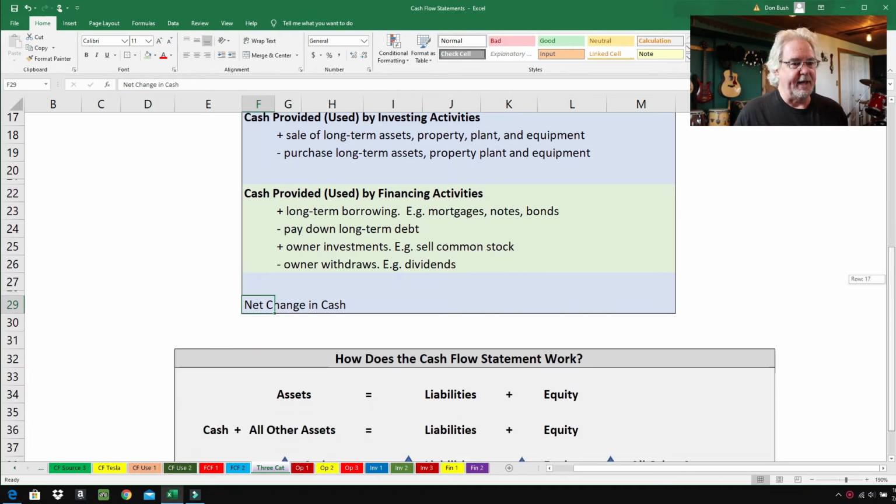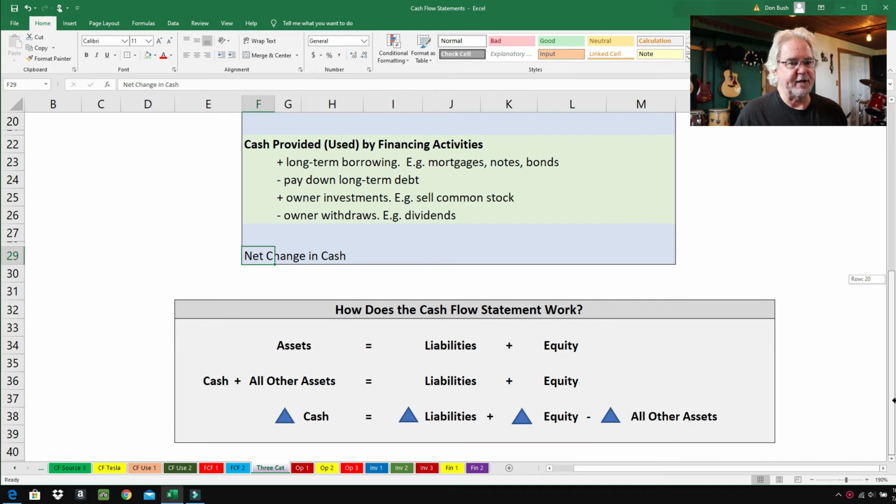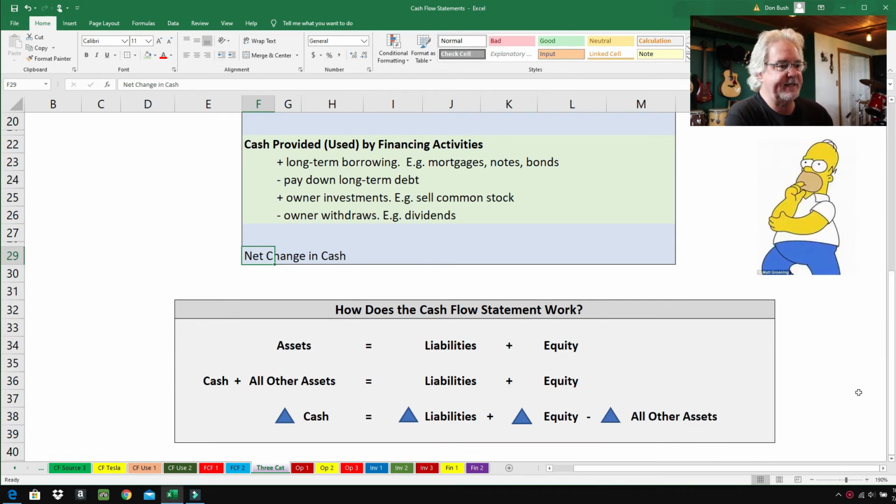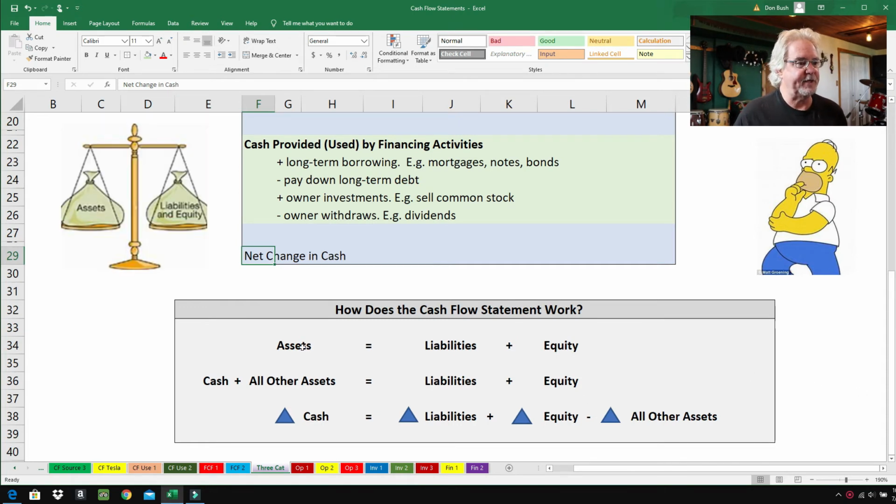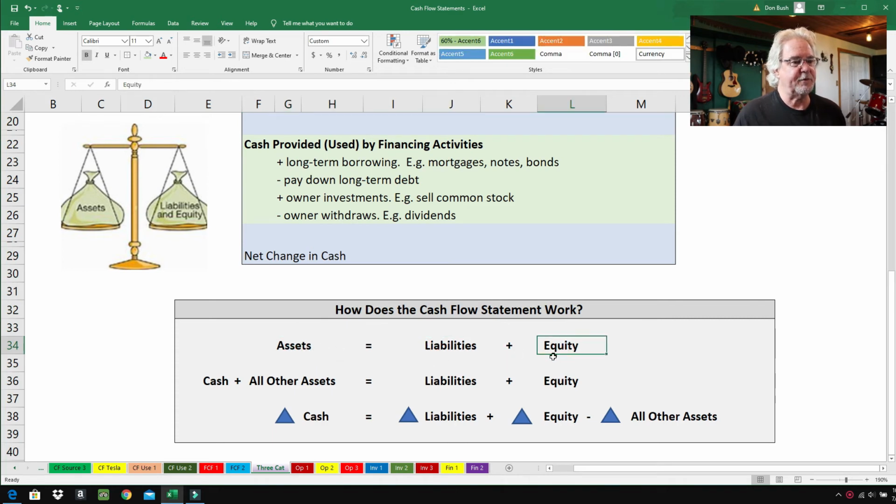Now, one thing I'd like to do is show you guys why this all works. And I wish I would have understood this when I was in school. It would have made understanding this cash flow statement a lot easier. And don't be alarmed by this. It's a lot easier than it looks here. Well, it all starts out with the accounting equation. Assets equals liabilities plus equity. So hopefully you understand and know this.